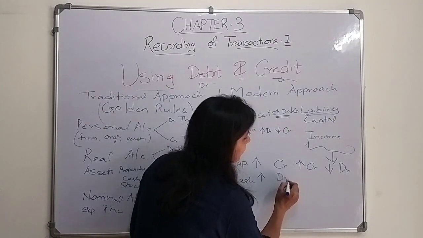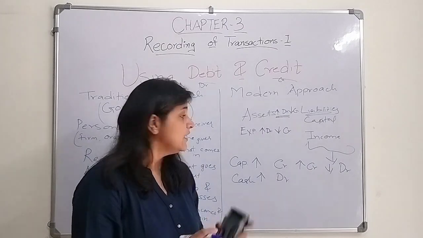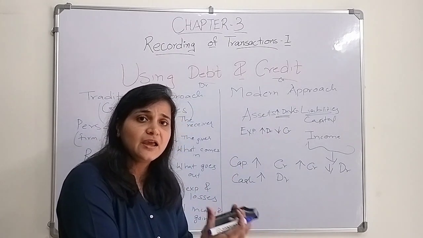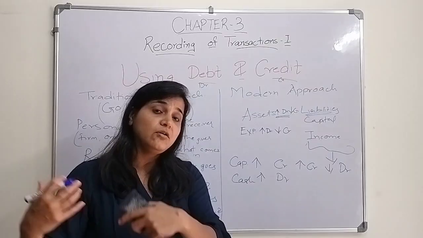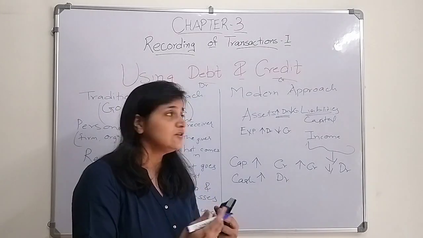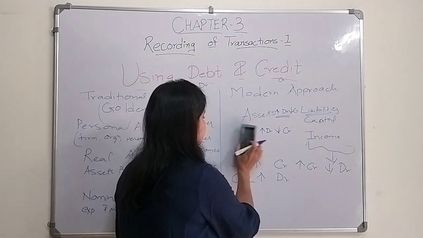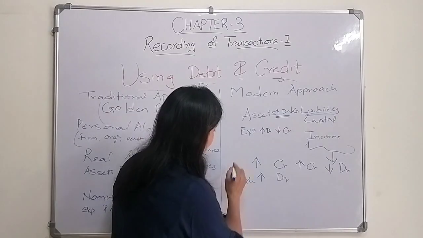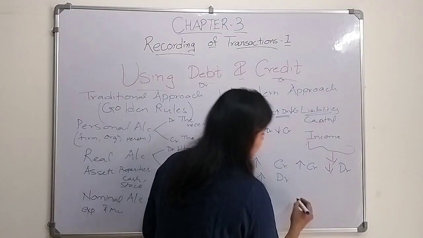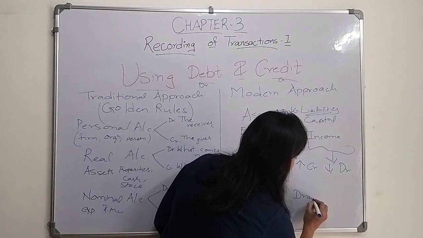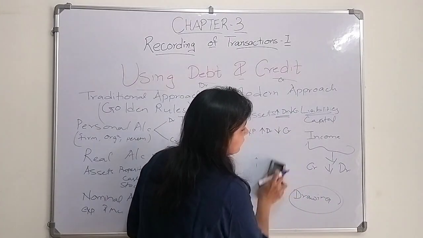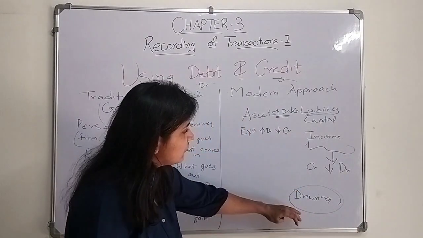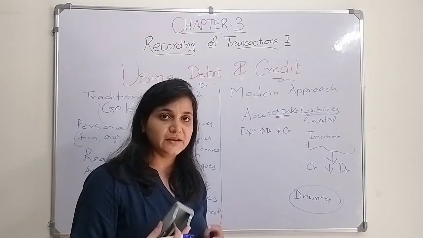I will debit it. Now capital, if I am withdrawing a certain amount of money from the business, what is it called? It is called drawing. Now when I am withdrawing a certain amount of money, what happens?